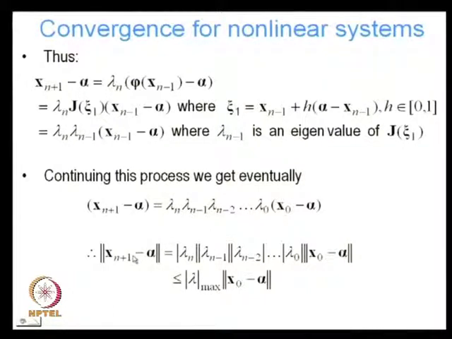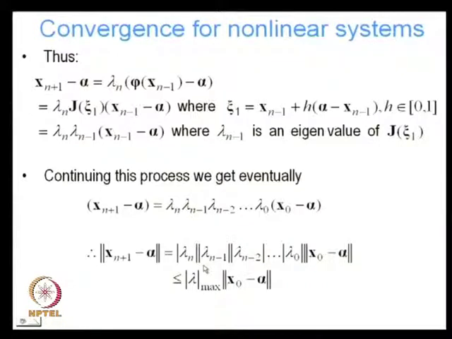Then I take the norm of both sides. I get the absolute value of these eigenvalues, and I have the norm of x 0 minus alpha, and this is always going to be less than the maximum of those eigenvalues.